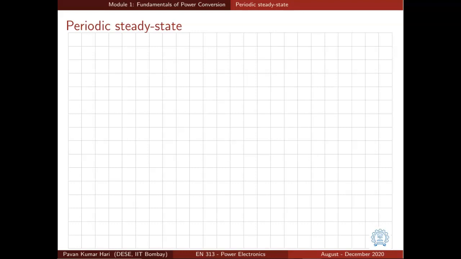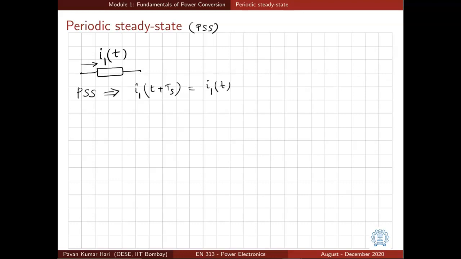That means if I1 of t represents a current flowing in an element in a power electronic circuit, then I1 of t plus Ts is equal to I1 of t under periodic steady state, where Ts is the time period of I1 of t.